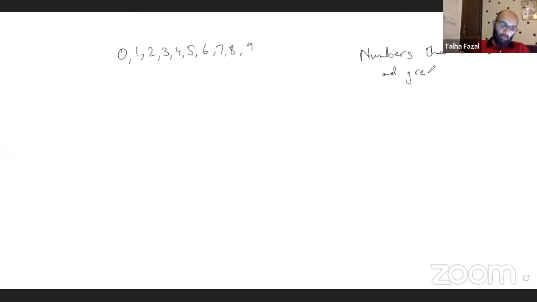understand this. So let's say we are given all 10 digits, right? And we need to find numbers that are, let's say, odd and greater than 60,000.